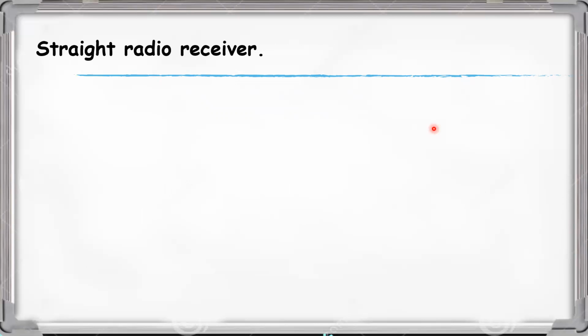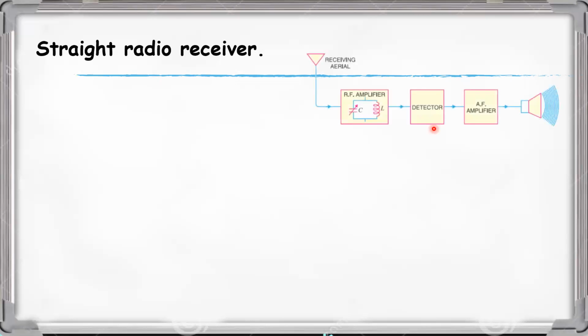This is a simple demodulation circuit. Look at the figure.